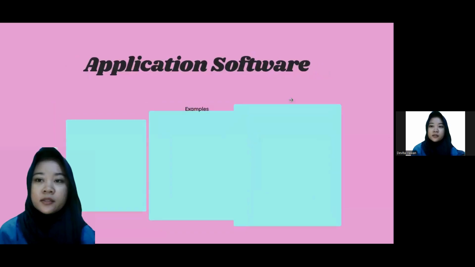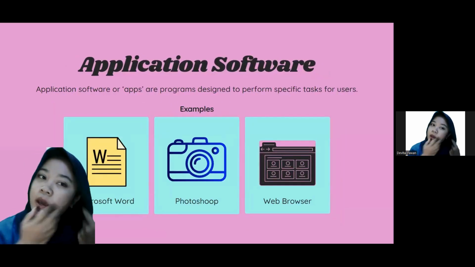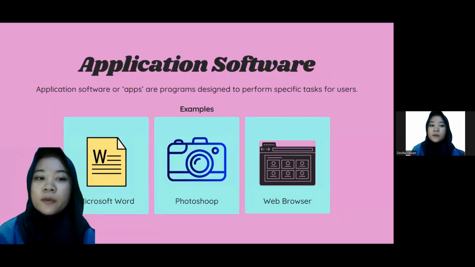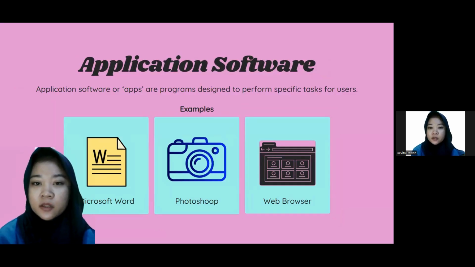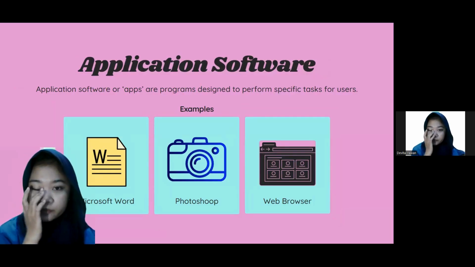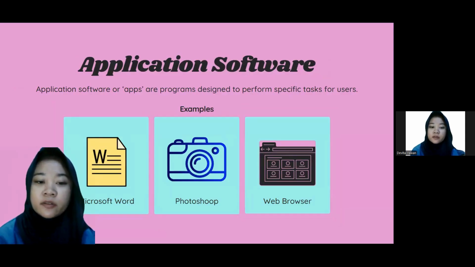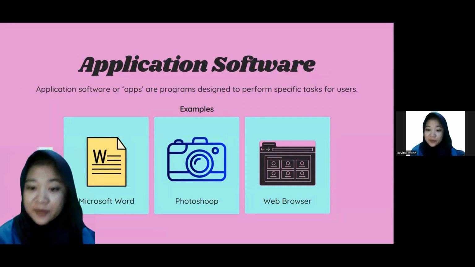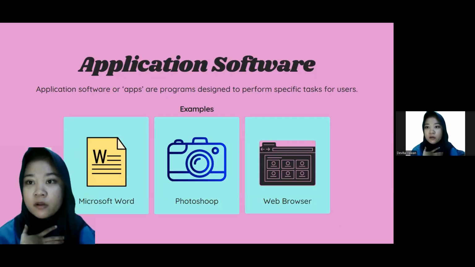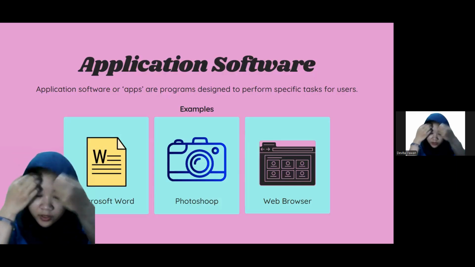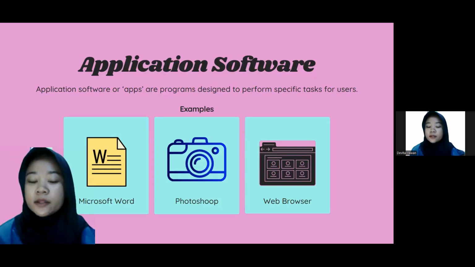And the next slide, we have application software. Application software, or apps, are programs designed to perform specific tasks for users. For example, we have Microsoft Word, Photoshop, and web browsers. In web browsers, we have Google Chrome and others.